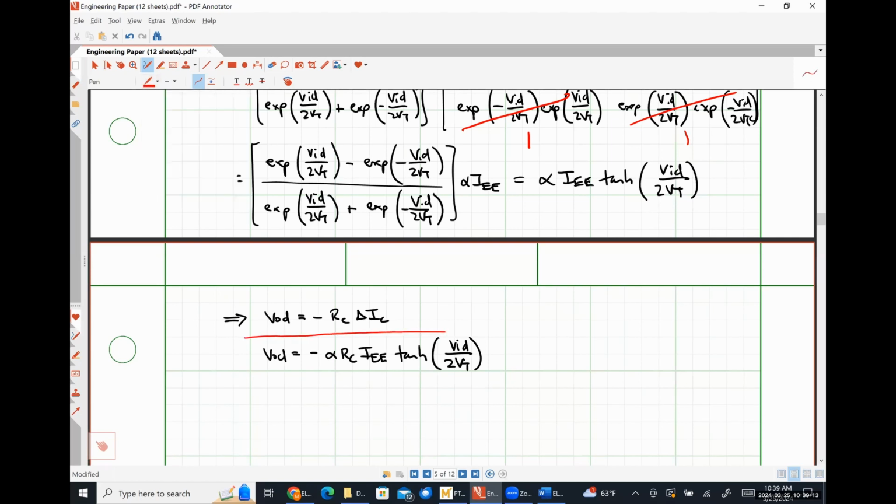I want to be clear here. This is the relationship that tells us what our DC operating point is for our output voltage.